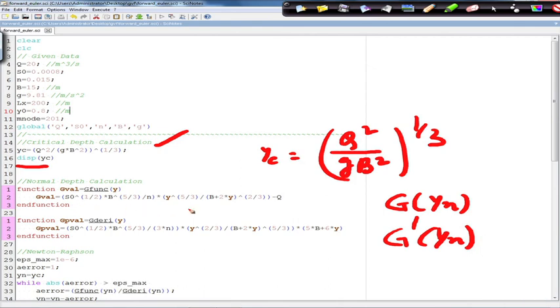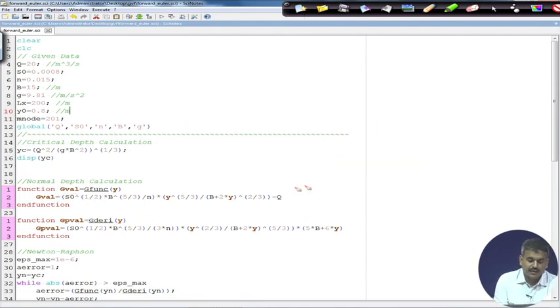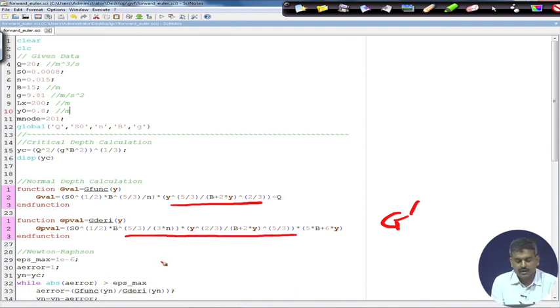So, this is the function Gval equals G fun of y, as per our expression S naught to the power half B to the power 5 by 3 by n. Now, the derivative of G, or G prime, is what we have calculated here.